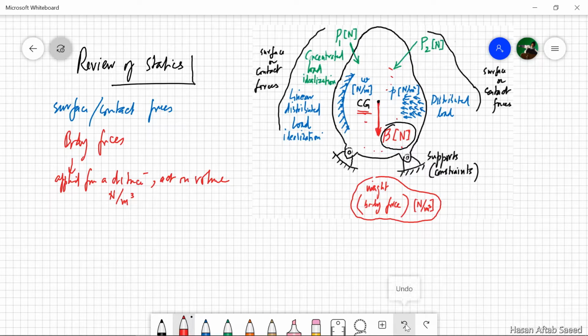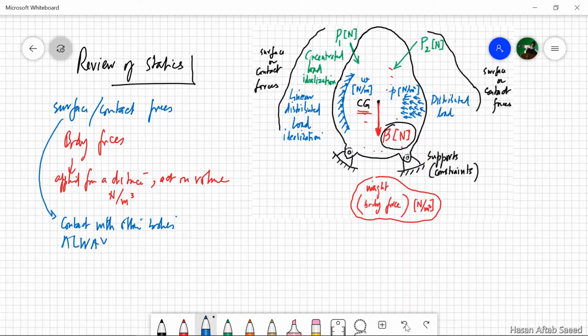Surface forces, on the other hand, are applied through contact with other bodies. And are always distributed, in that they are applied on a finite area of contact.